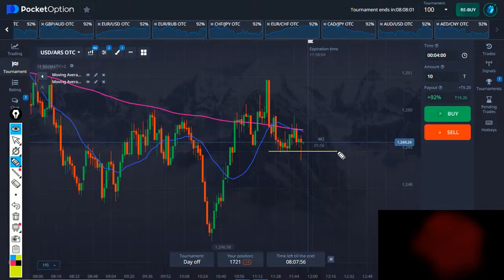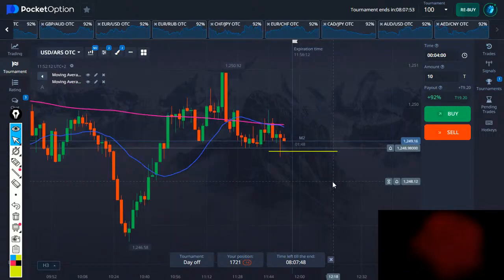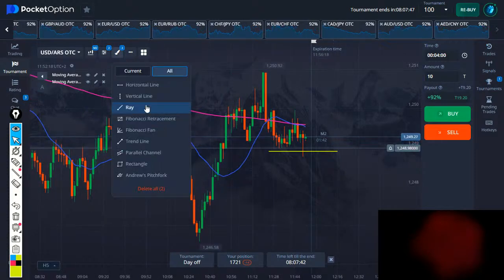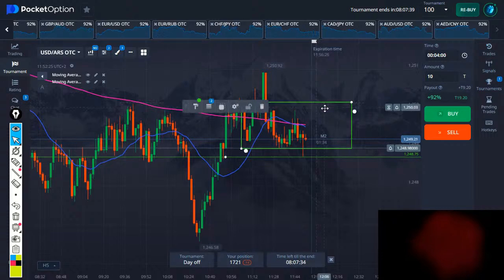It rejected, however. Let's wait and set another alarm here. We need a second break. That's it. I push it a little bit downwards.